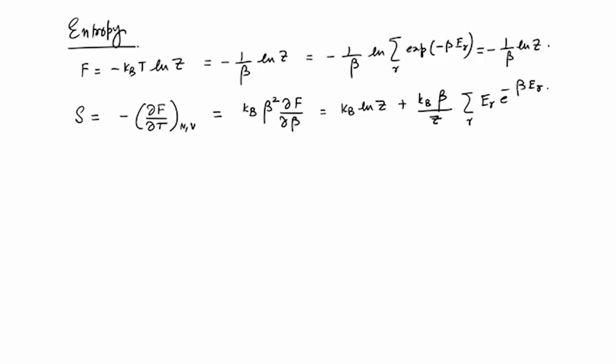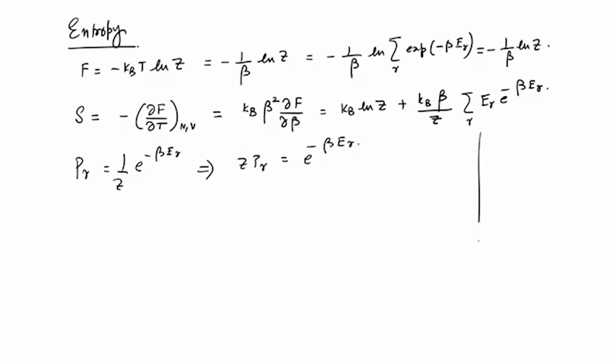So, that is the expression for entropy. And again using the distribution, P_r is 1 over Z e to the power minus beta E_r. So, that tells you that Z P_r is equal to exponential minus beta E_r.